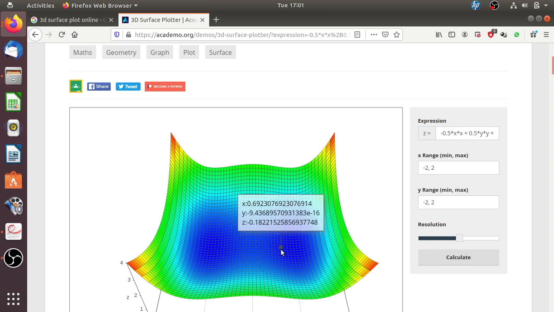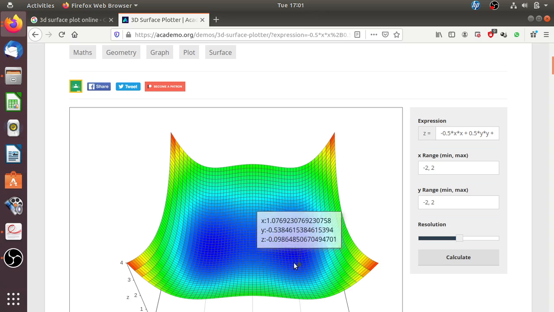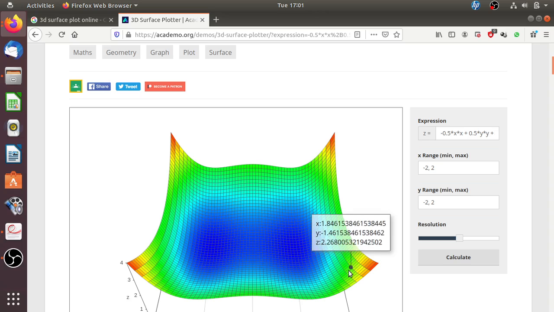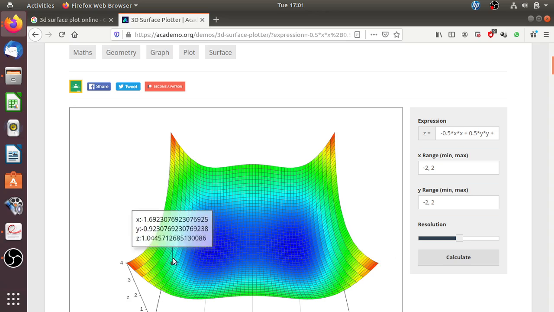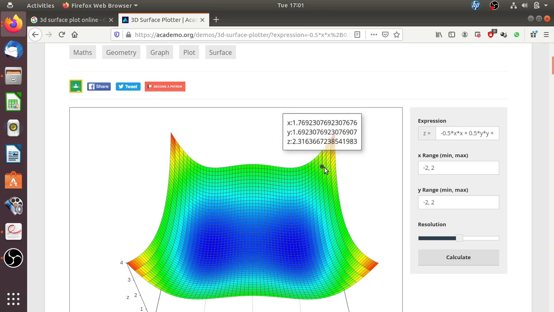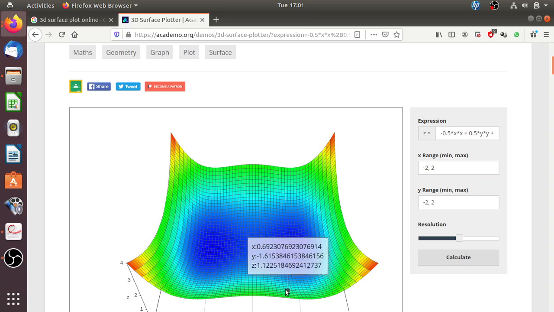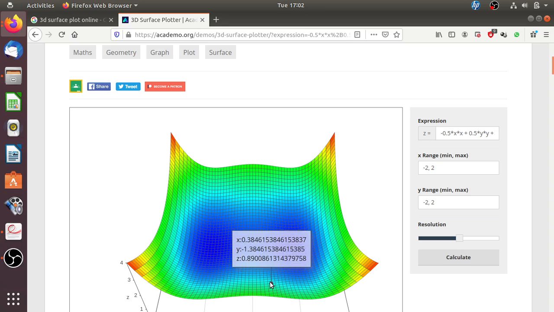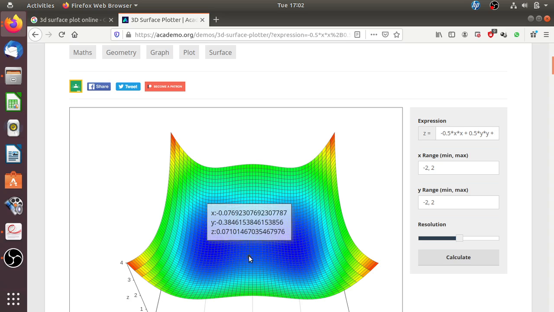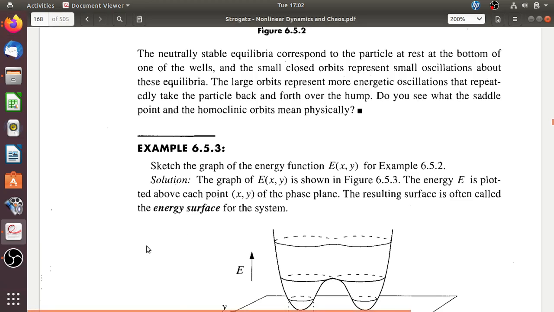Similarly, if the initial condition is over here, then it will be orbiting along this closed orbit. At the same time, if it's somewhere here, then it will be orbiting like this. So what you could do is use different energy functions, plot them, and try to understand the phase portrait for different conservative systems.